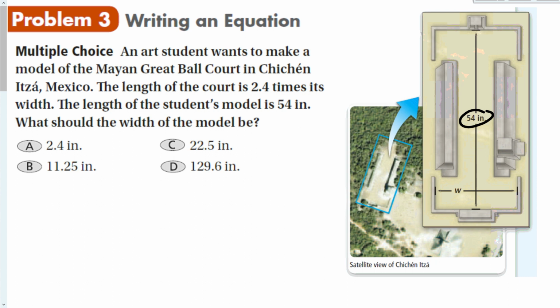So my equation says the length is 2.4 times the width. So the length is 54. So I can say 54 is going to be equal to 2.4 times the width. Now, I just have to figure out which one of these answers is actually correct.